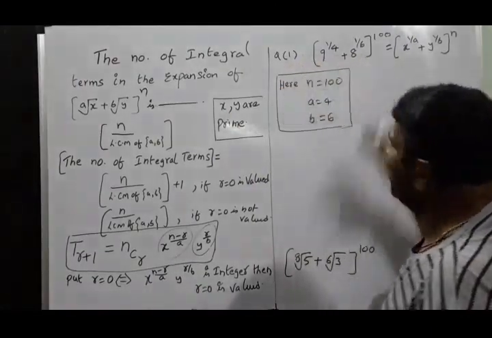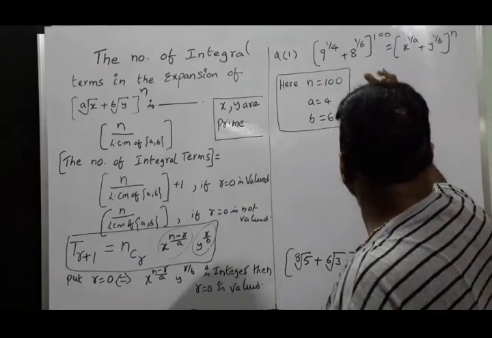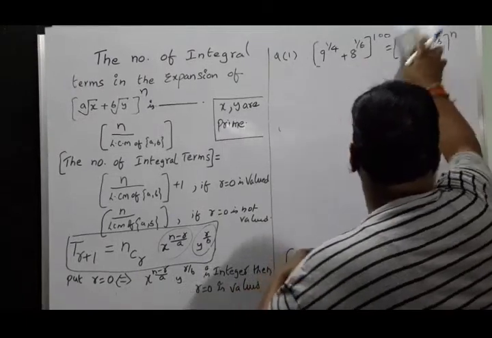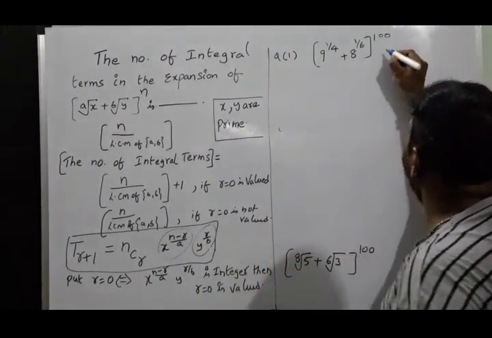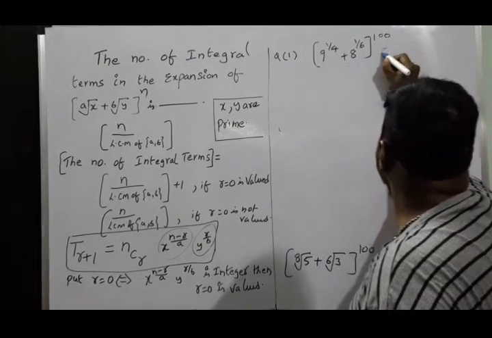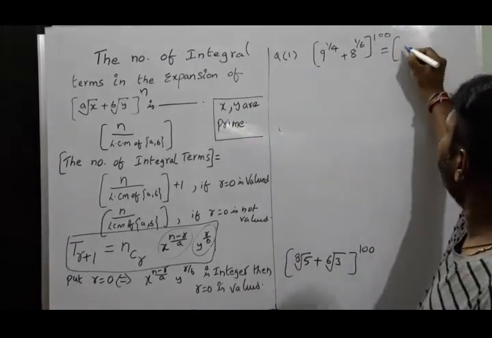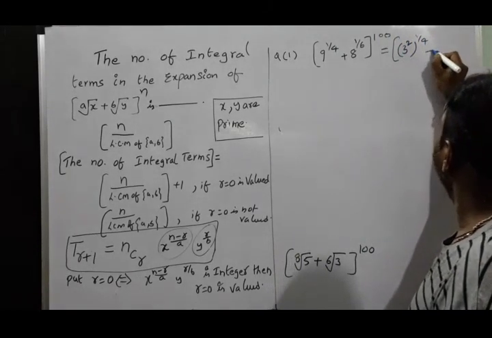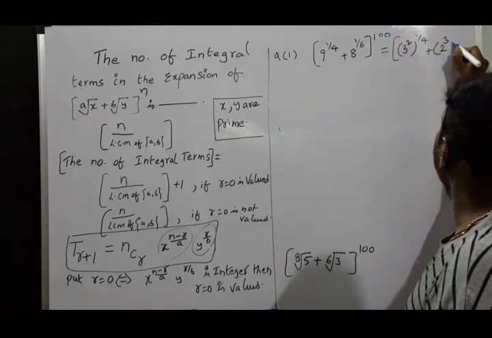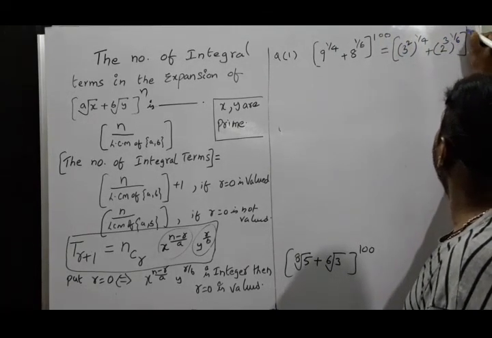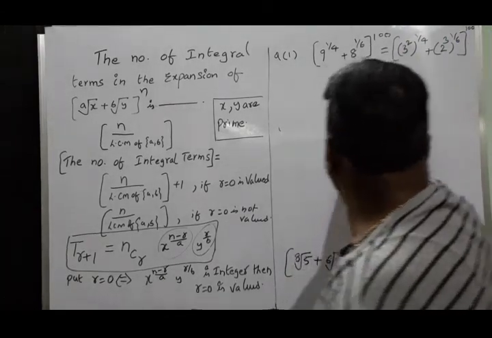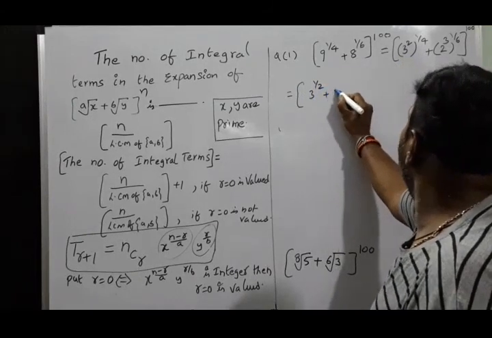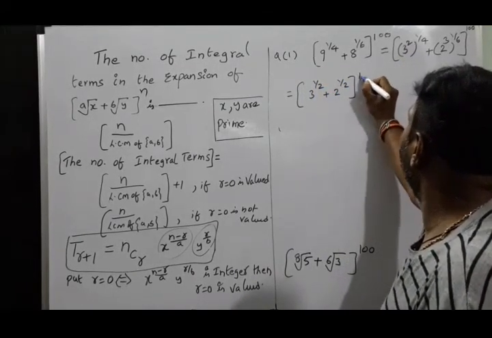Both are not prime numbers, so you have to change this. 9 can be written as 3 squared, to the power 1/4, and 8 can be written as 2 cubed, to the power 1/6, whole power 100. Now this equals (3^(1/2) + 2^(1/2))^100.